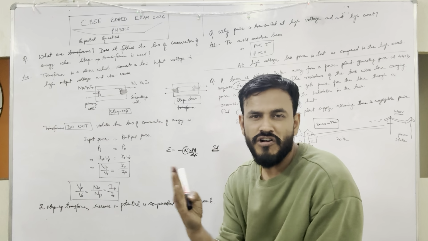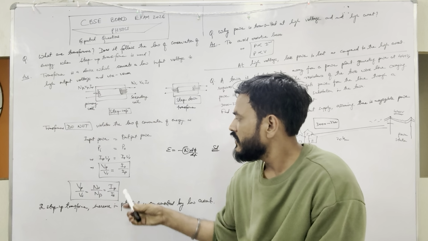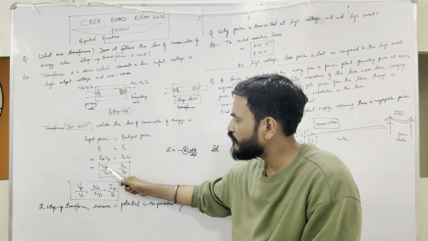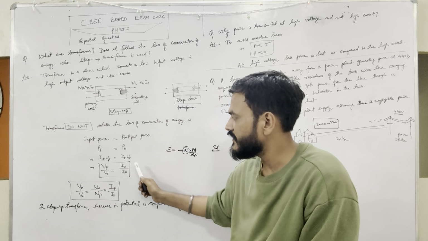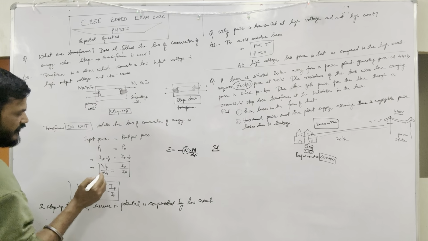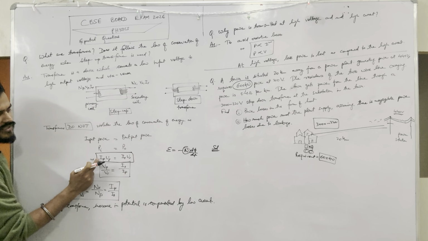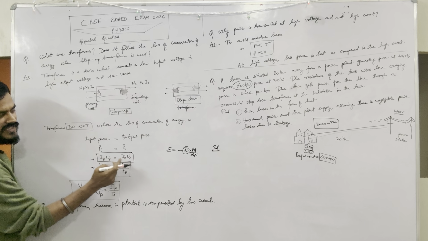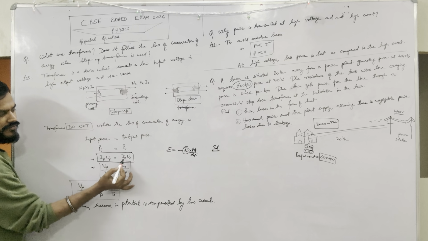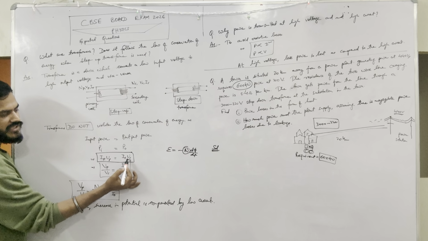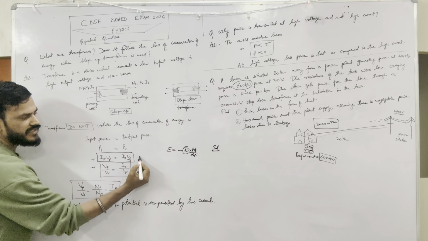So how does the potential get increased? There is a trade-off between the potential and current. If you increase potential, there will be a decrease in current. So you see this relation. Input power is constant, output power is also constant, same. If you increase output potential, current should fall to keep the power constant, right? For example, let us take an example.